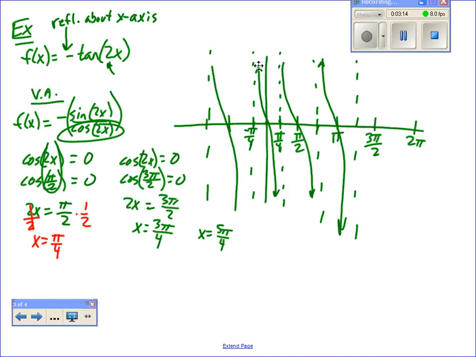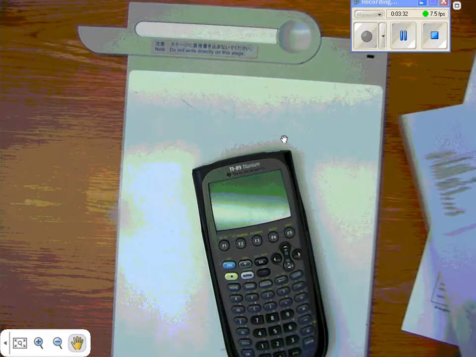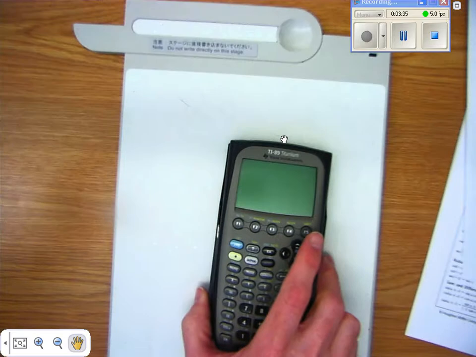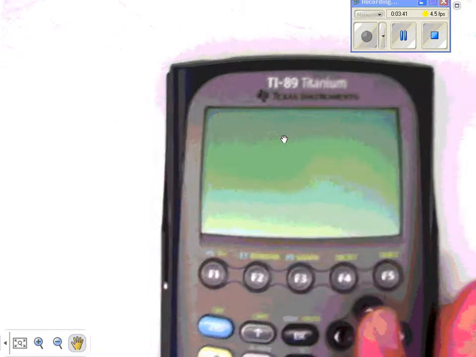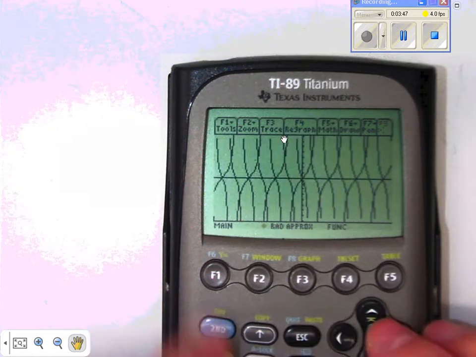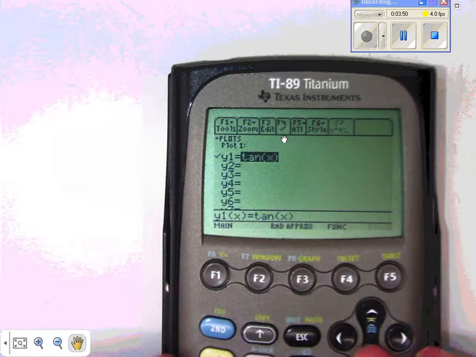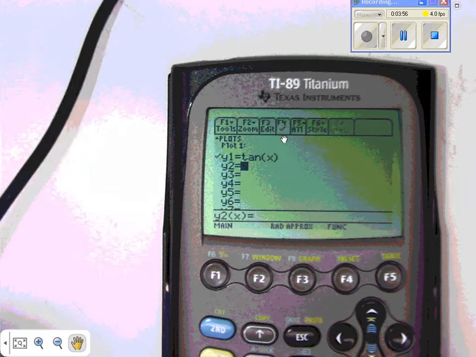Okay, so let's take a look at this thing with our calculator here. Go over to my desk. Okay, so I'm going to punch in, I actually have the tangent of x already in there.